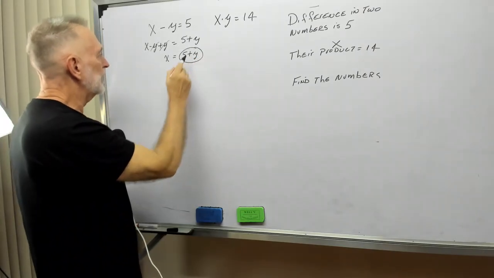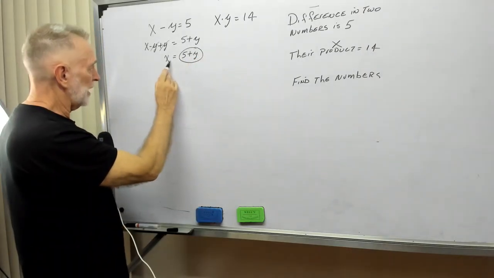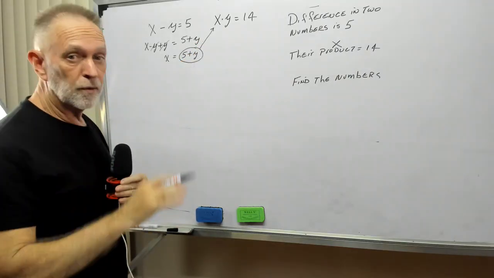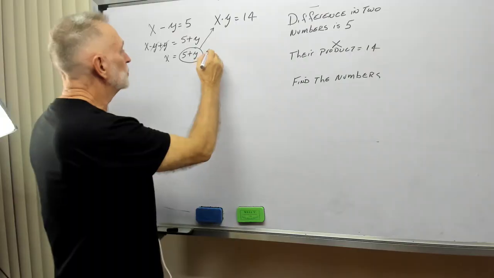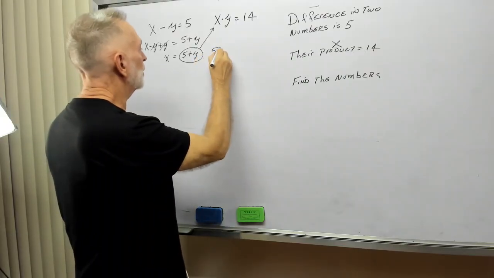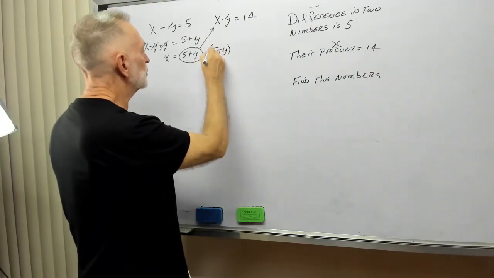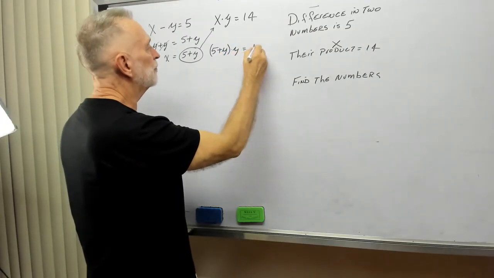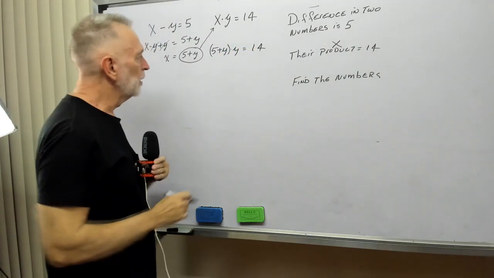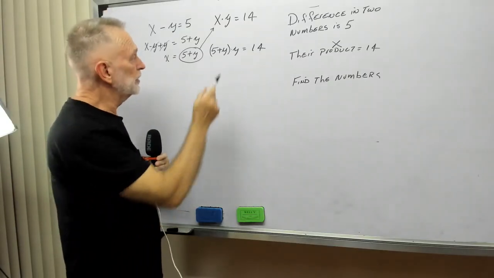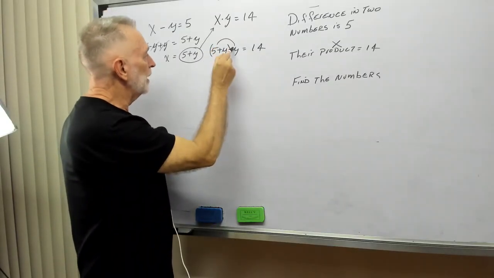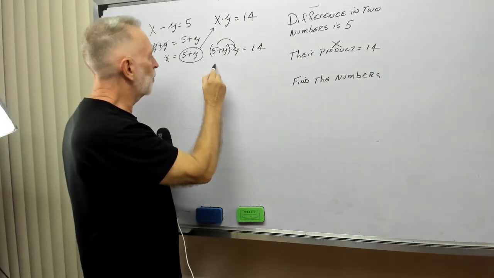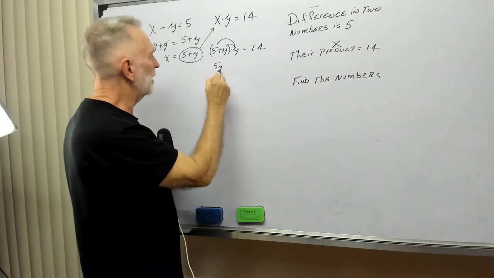Now, since X equals that, I can plug it right in there for X. So I have 5 plus Y, which was my X, times Y equals 14. Now I can use the distributive property and distribute that Y to the inside. 5 times Y is 5Y.